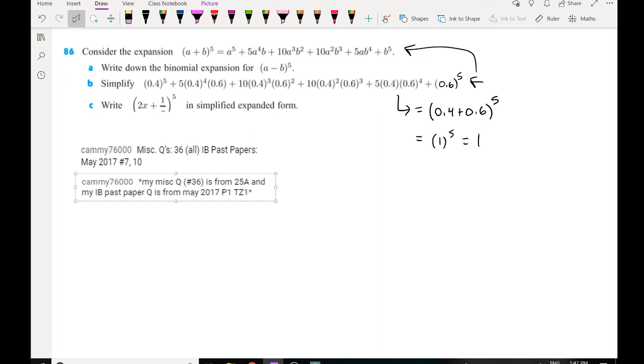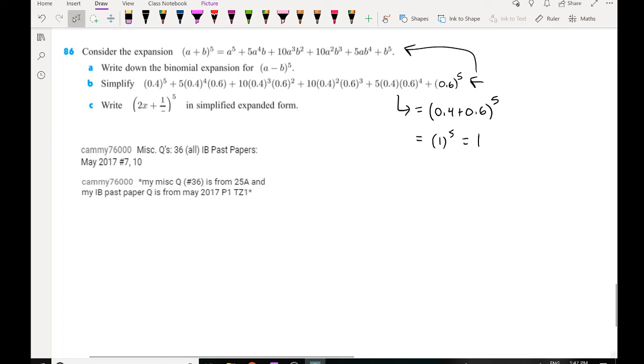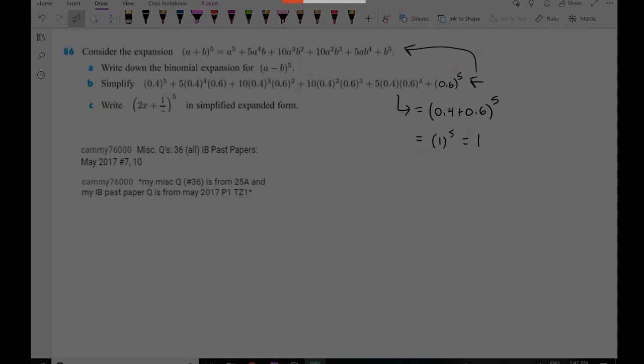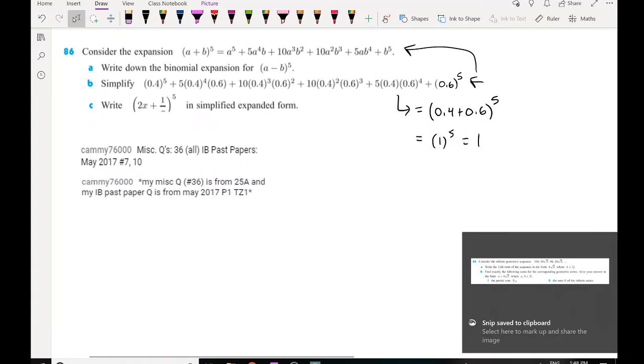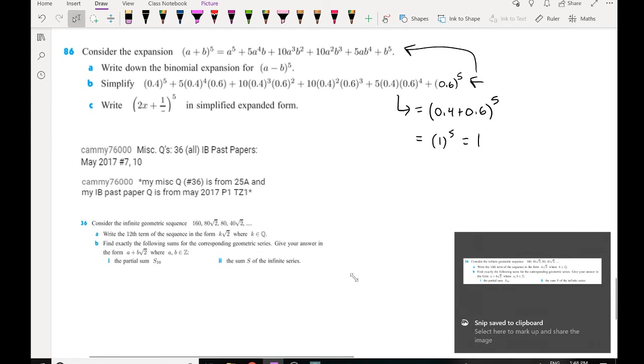Okay, so Cam is asking about number 36 from 25A. So I've got the textbook open already. I'll just nab a screenshot of that one. Oh, yes, this is an interesting question. I once put a question like this on a midterm exam, but I don't think it was with you guys. It must have been a few years back.